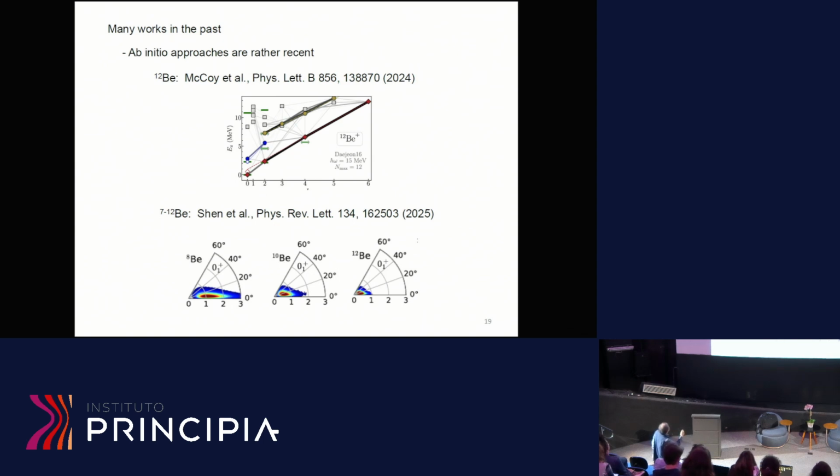One is by Anna McCoy in this paper, and she reproduced the experimental level scheme quite nicely with a realistic interaction. And this year, Shen and other collaborators published this paper, and they have shown how these deformation spots are distributed over a potential energy surface. So having those results in mind, let me show you our result.